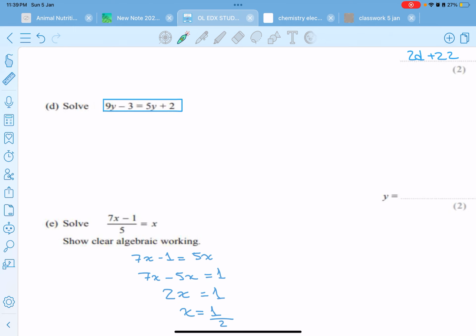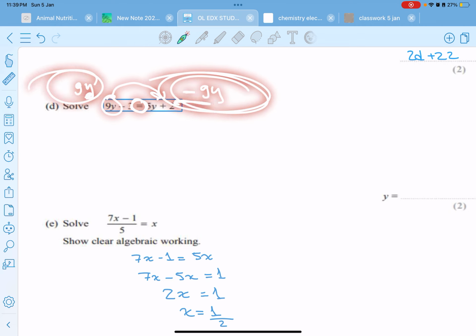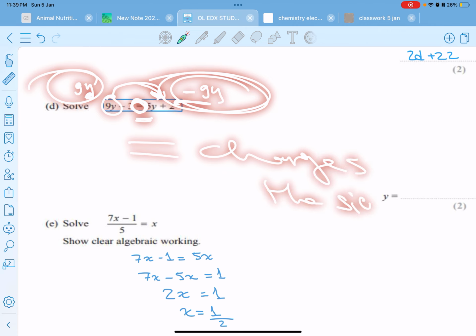So, for example, I move 9y to the other side of the equation across the equal sign, so it's going to be negative 9y. At the left-hand side it was 9y, at the right-hand side it's negative 9y. Why? Because I moved it across the equal sign. Always, the equal sign changes the sign when you pass across it.